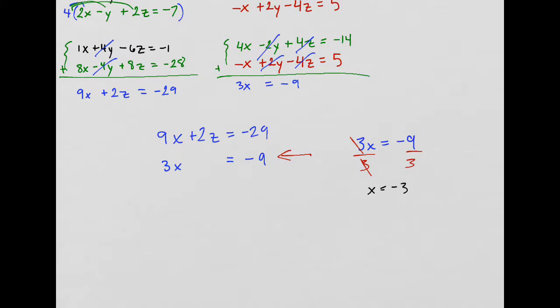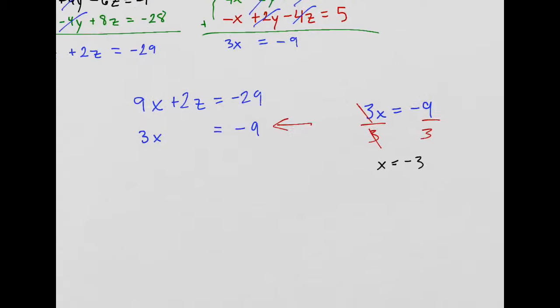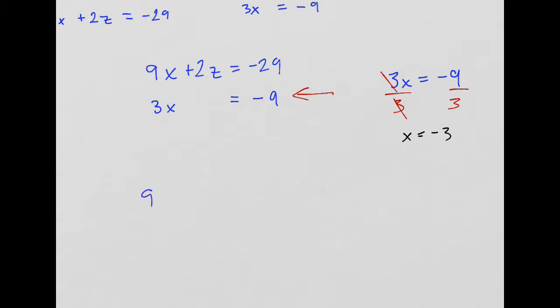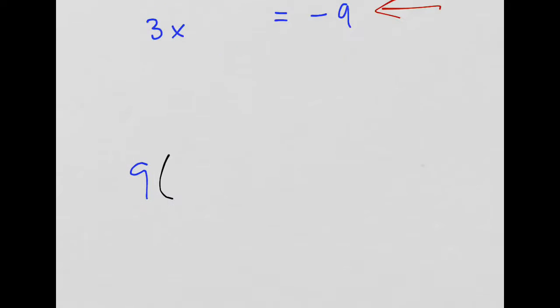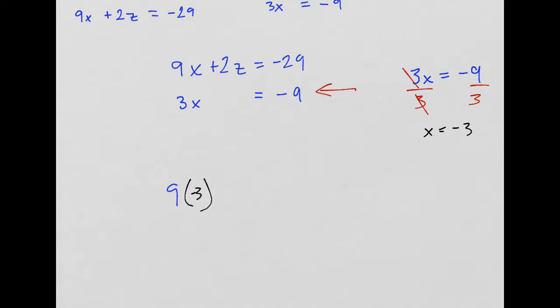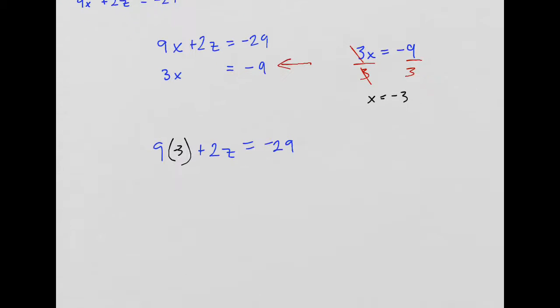So I have my x, and now I plug it into a two-variable equation, which is this one. So if I plug this into there, what will I get? I get 9 times negative 3, and then plus 2z equals negative 29. And I'll solve for z.